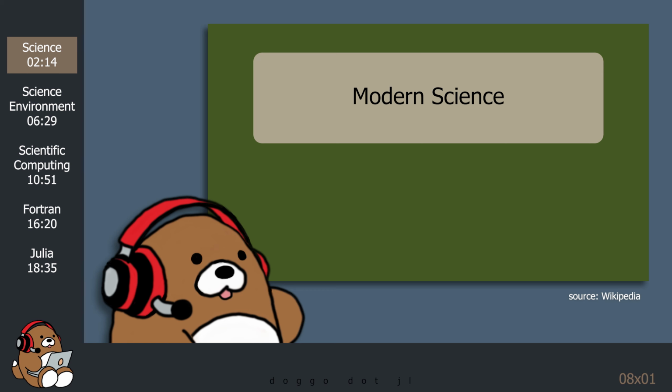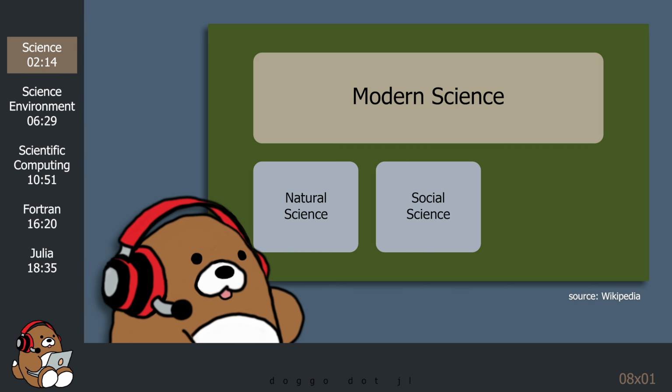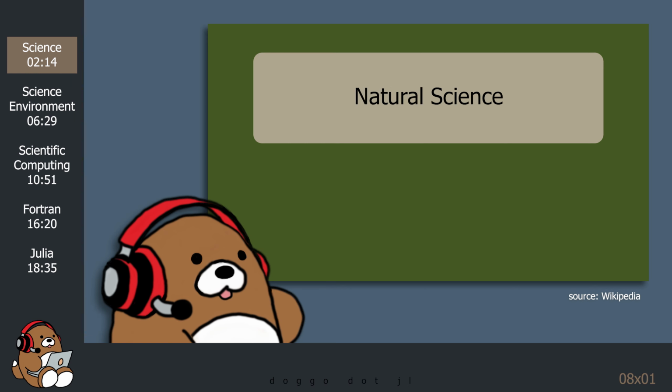Modern science is typically divided into three major branches: natural sciences, which study the physical world; the social sciences, which study individuals and societies; and the formal sciences, which study formal systems governed by axioms and rules. Natural science is the study of the physical world.